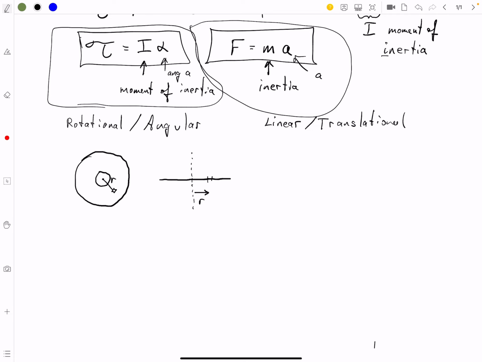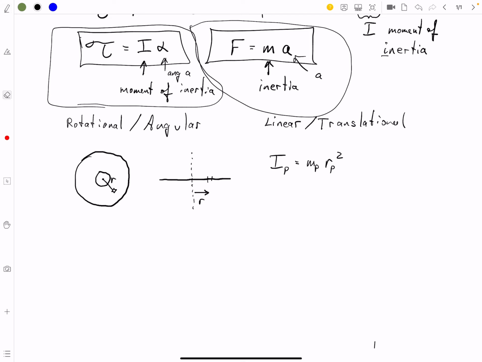The whole point of all of this is that we can take that little piece and figure out that its moment of inertia is equal to the mass of that little piece times the radius that little piece is from the center, and we need to square it.